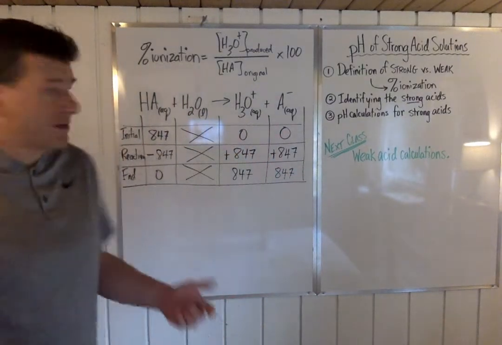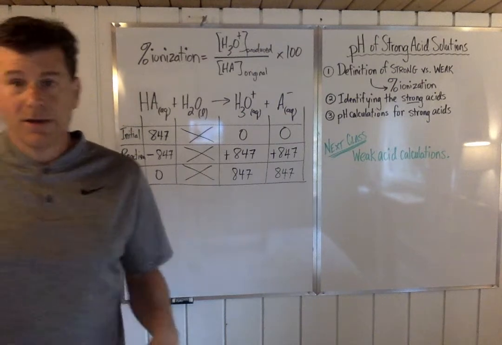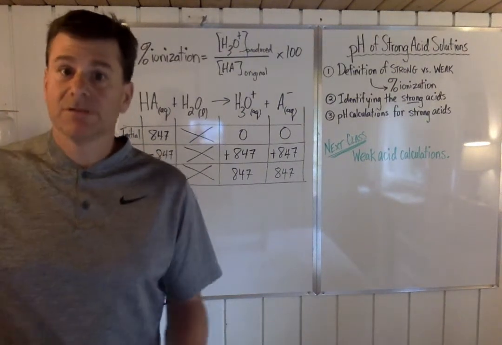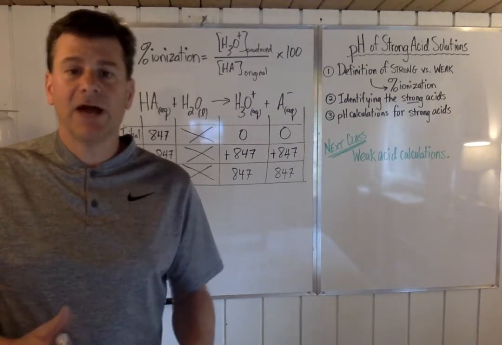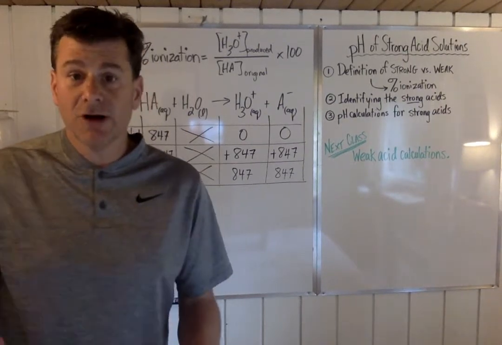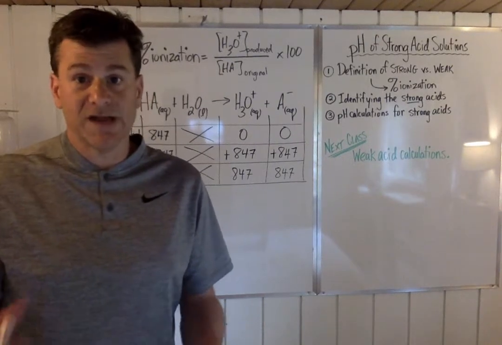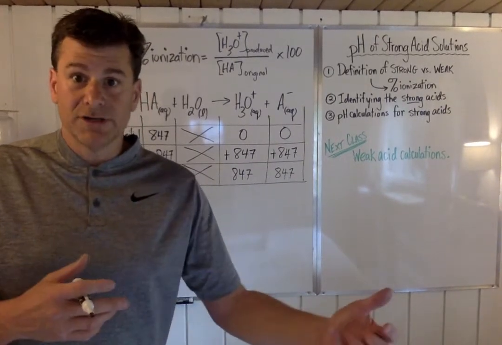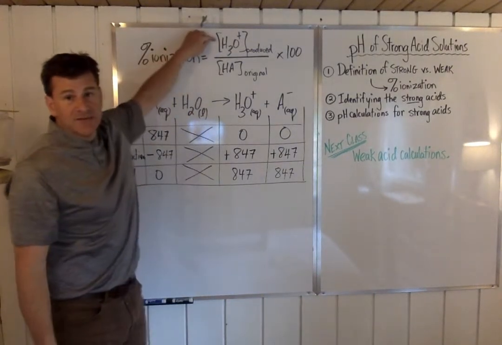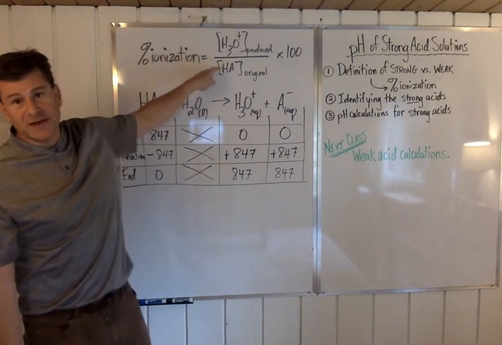Well, if you look at the formula that I've got up there, you take the number of hydroniums that get produced at the end, compared to how many HAs you started with, not how many you ended up with. You started with 847. They all turned into hydronium. So that fraction would be 847 over 847.